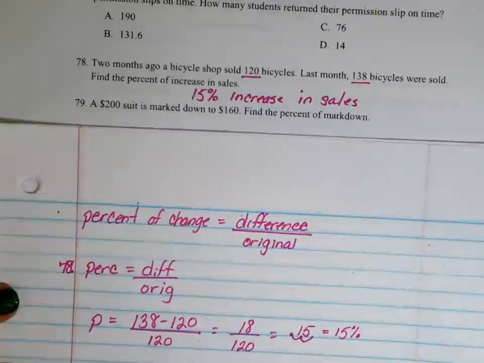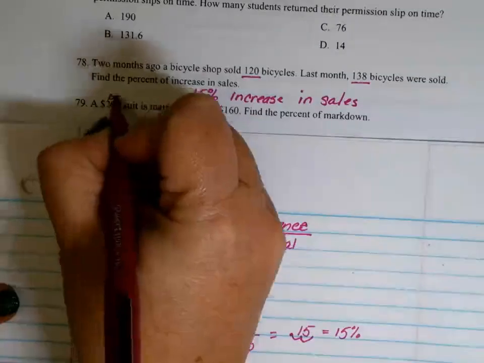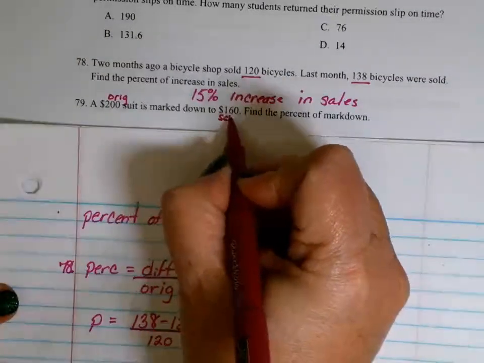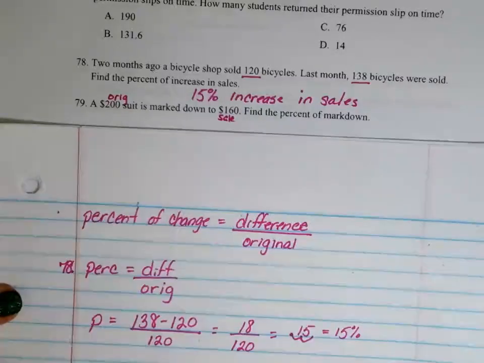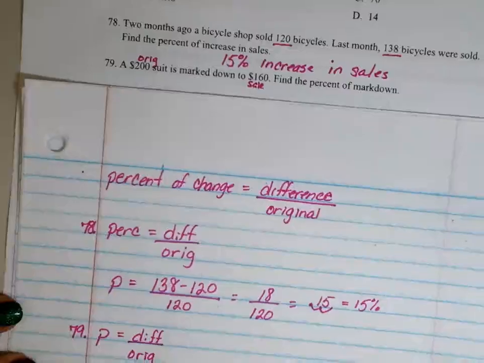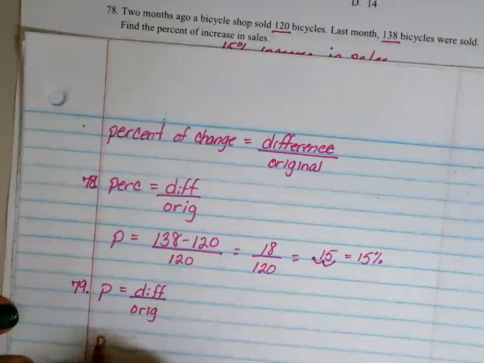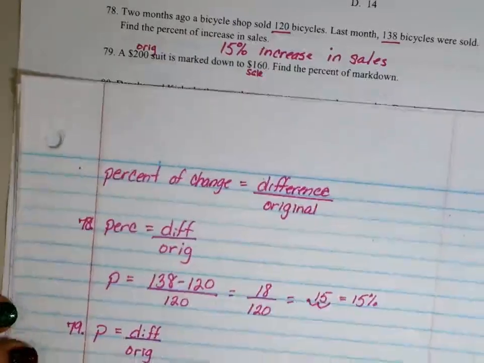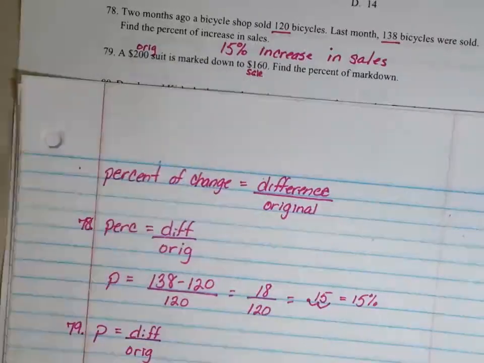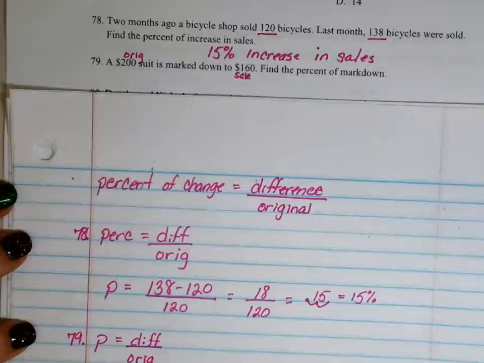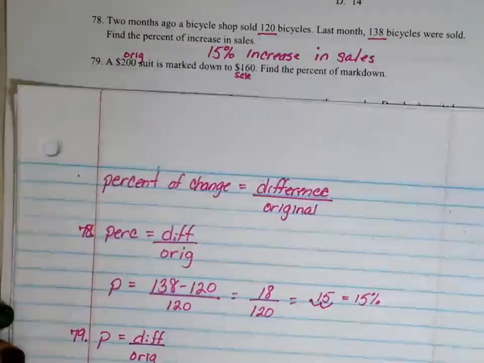What's my original? 200. Okay, and this is my sale price, right? So what's the difference? How am I going to find the difference between the original and the sale price? How do I find the difference between 200 and 160? Let's subtract them, right? Difference means subtraction.